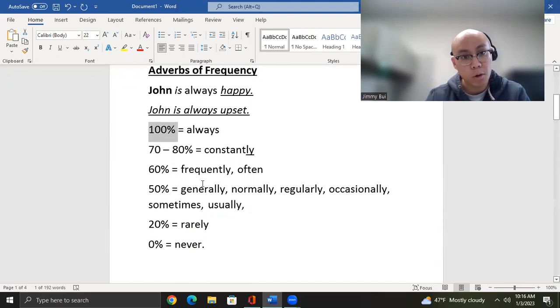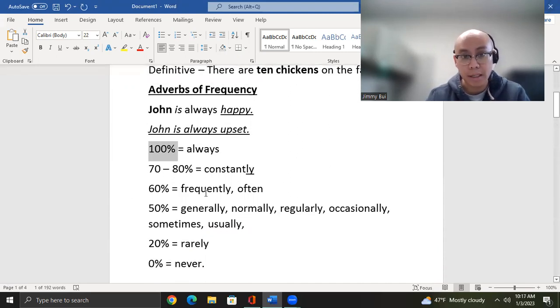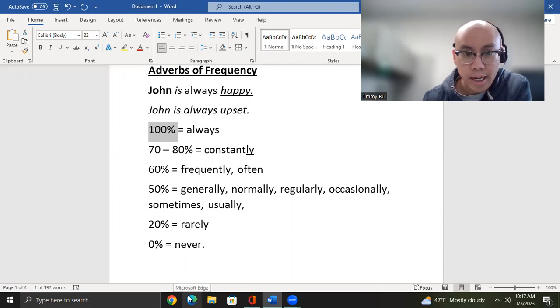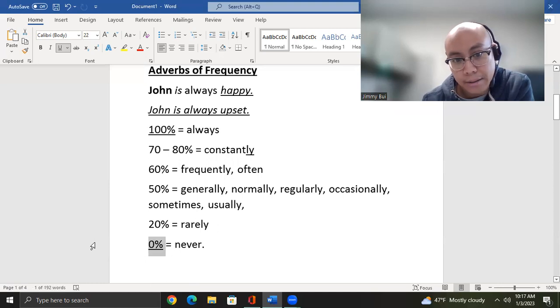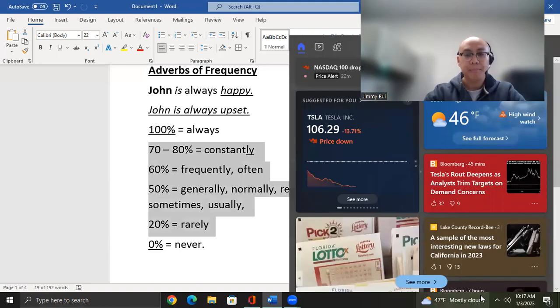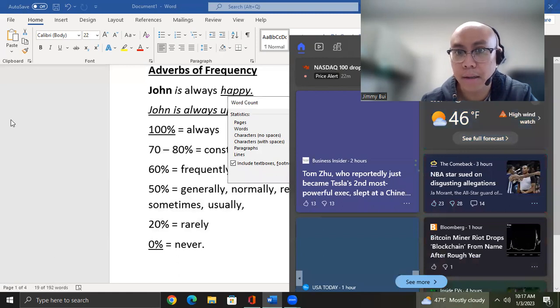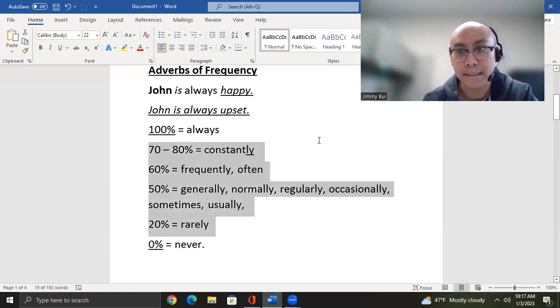Now, these are the words that are commonly used to show frequency, and these percentages are not exact. It is not specific like the number 10, like 10 chickens. The closest to be exact would be always and never, at 100 and 0% respectively. Everything else in between is going to be my opinion of what I think is considered to be these words.